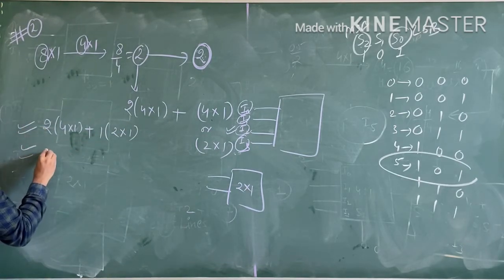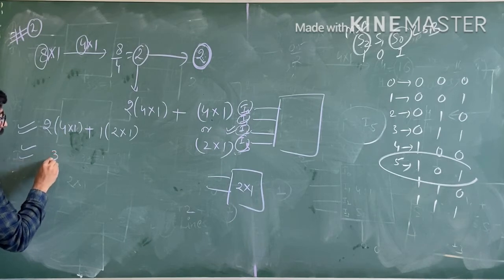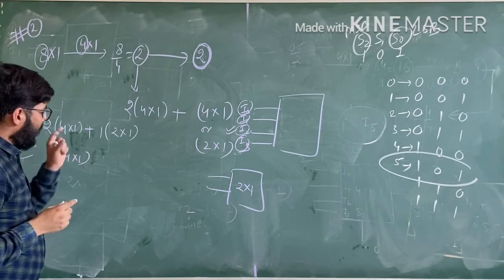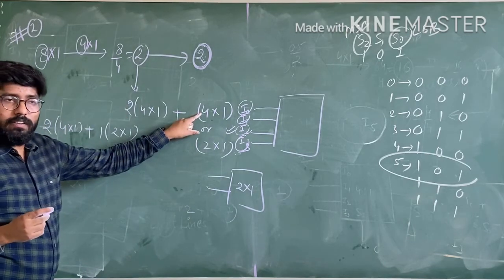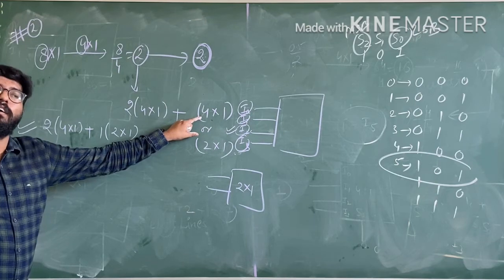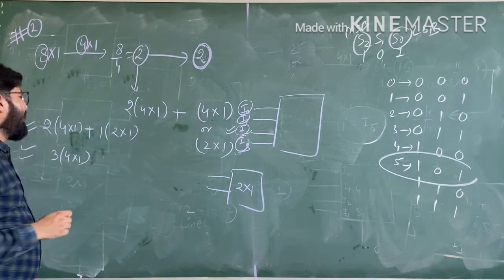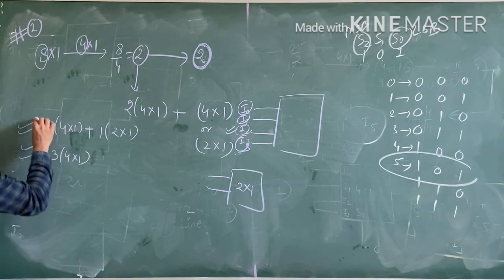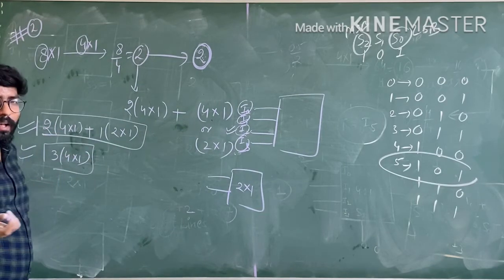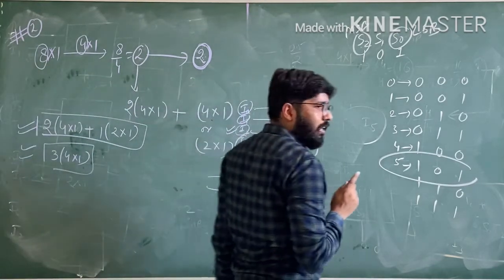Or you will say 3 4 cross 1 muxes, because in the third 4 cross 1 mux we have used only 2 inputs and 2 inputs are kept open. So in the GATE paper either this option is given or that option is given. Whichever option is given, you have to take that option only.